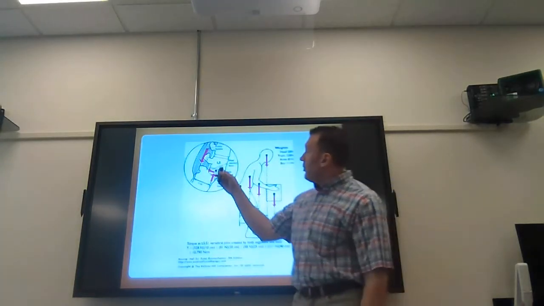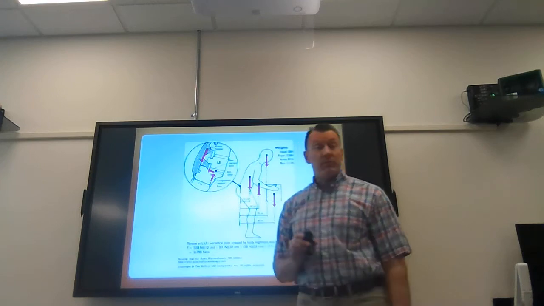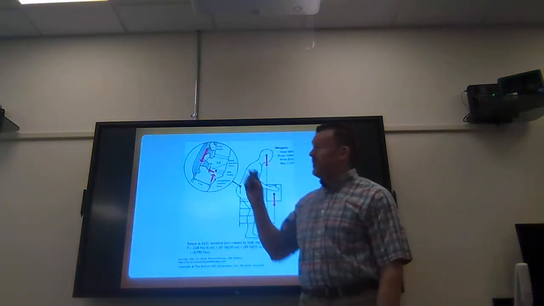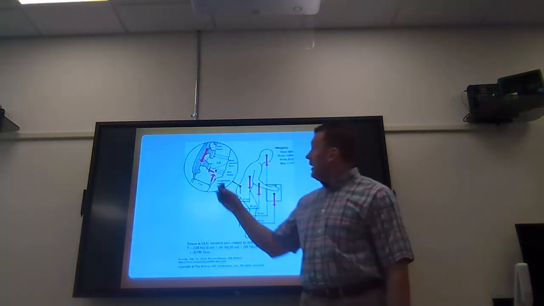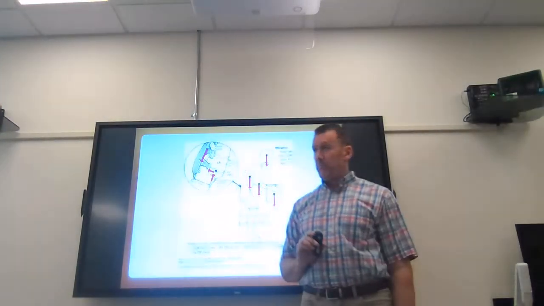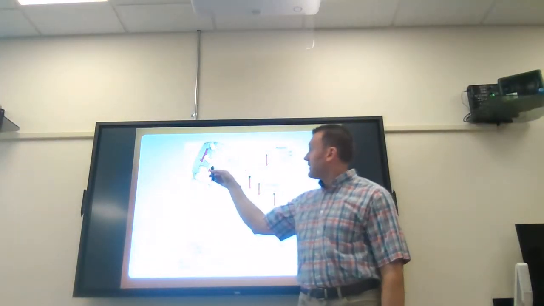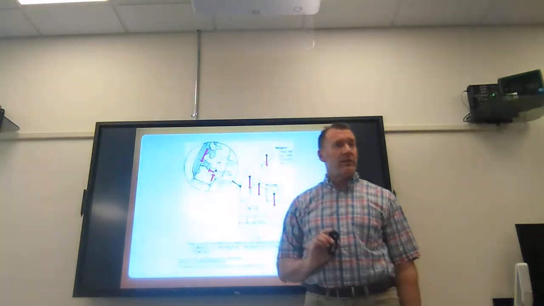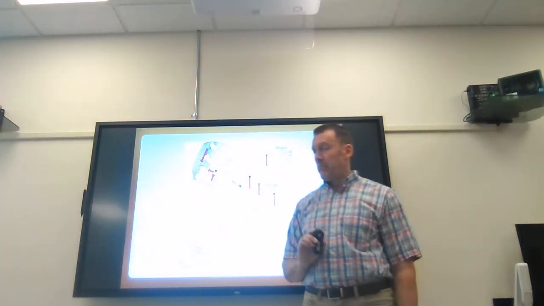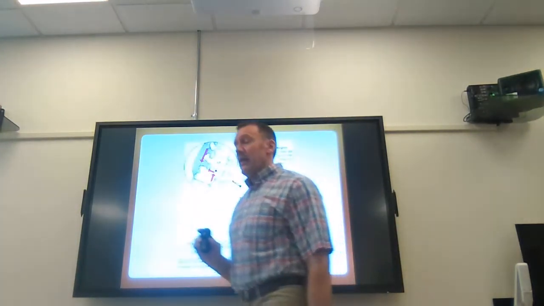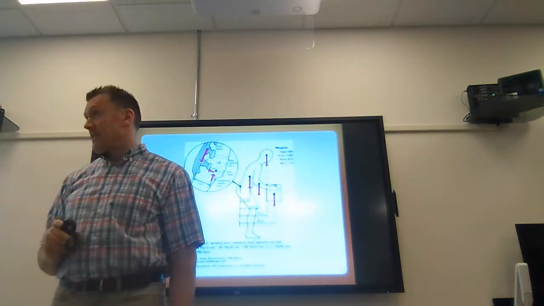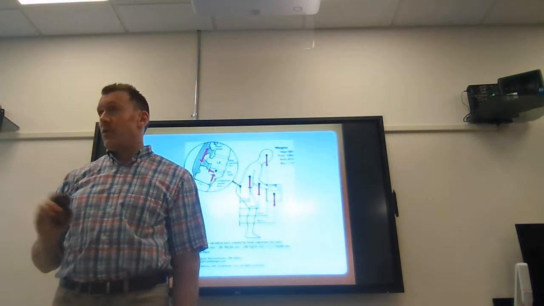We'll say the pivot point is the junction between the fifth lumbar vertebrae and the first sacral vertebrae. So this would be considered our axis, this dot right there. That's the joint center. And so everything on one side of the axis represents resistive torque.